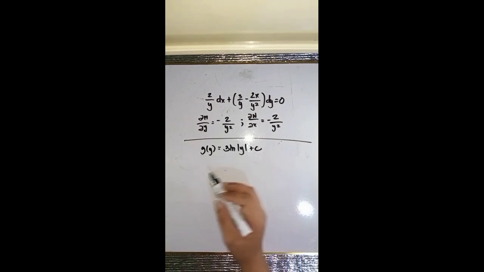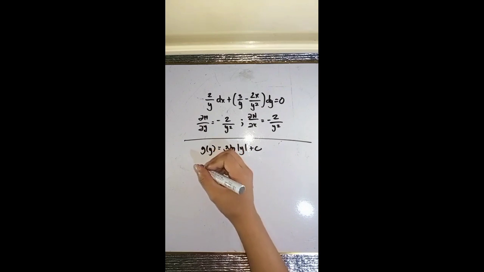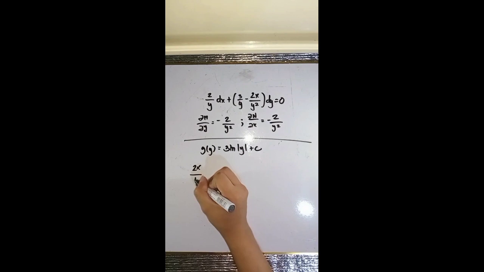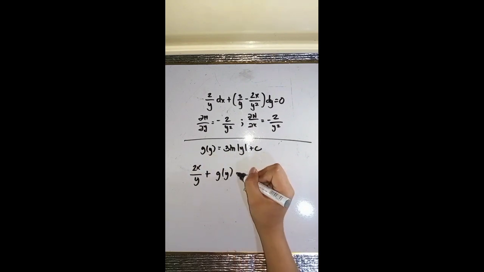Now that we've got the value of g of y, which is equal to 3 ln y plus c, we can substitute it to the integrated function of M. So 2x over y plus g of y equals 0.